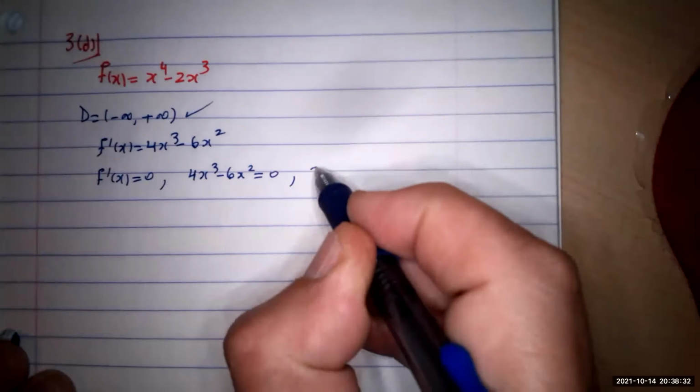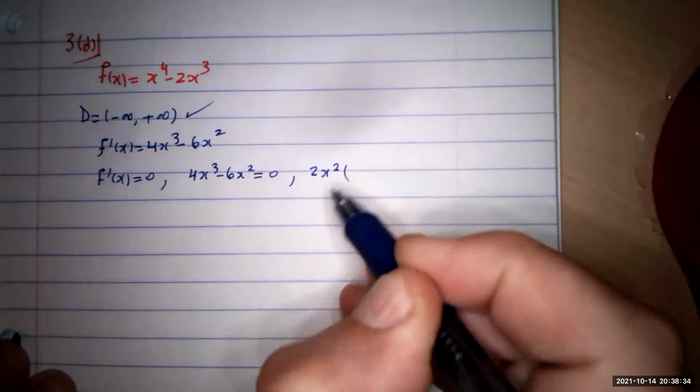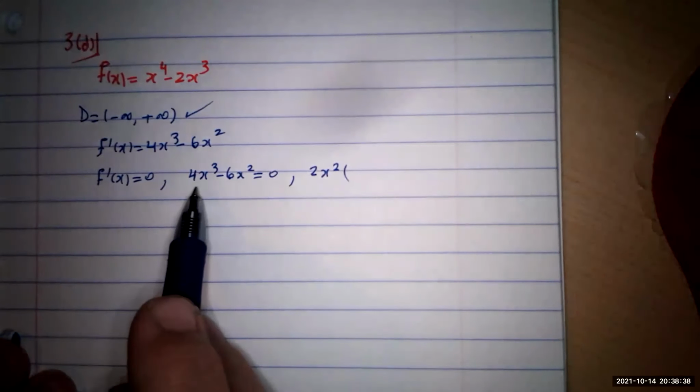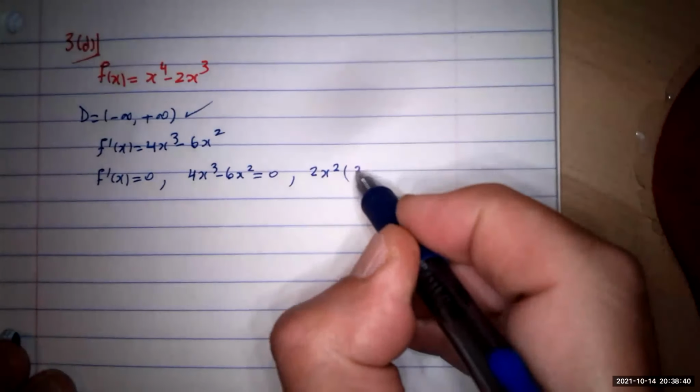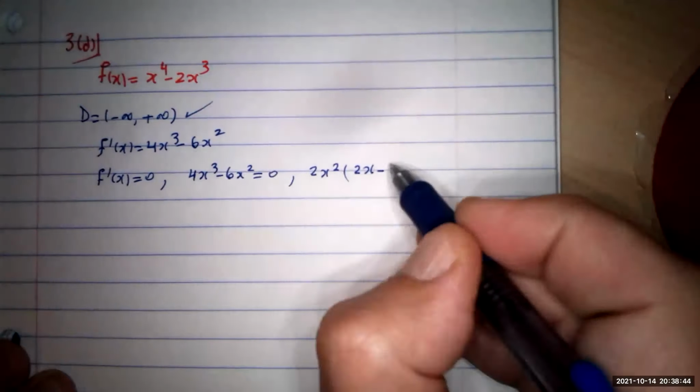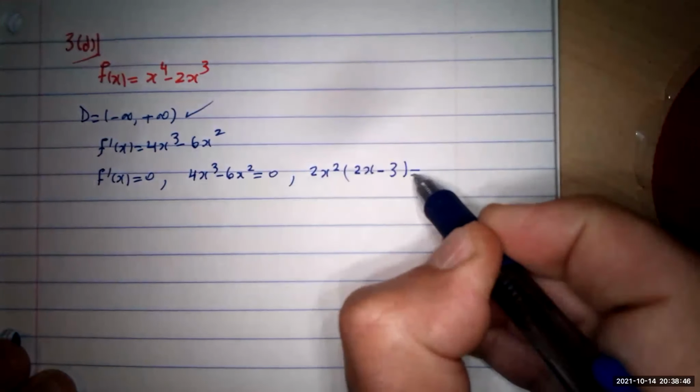You know that you have to use factoring. What's a common factor here? Common factor, 2x squared. Yes, 2x squared out, so the leftover is going to be 2x minus 3, equal to 0.